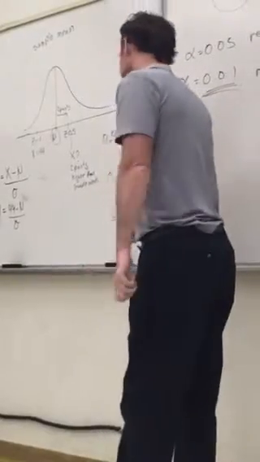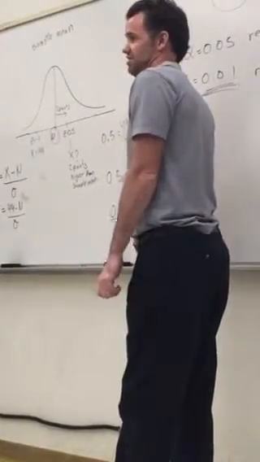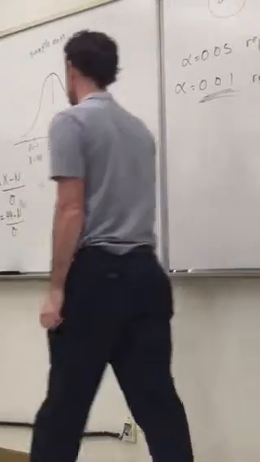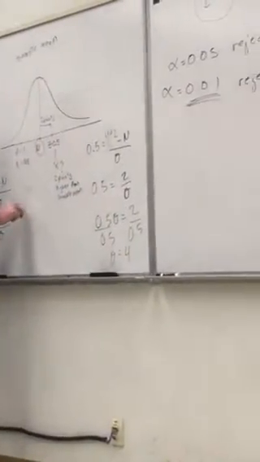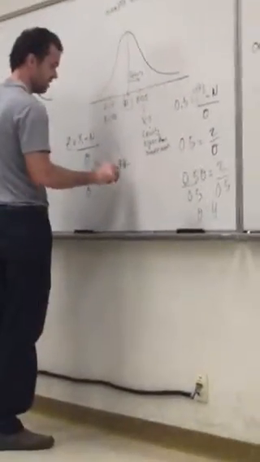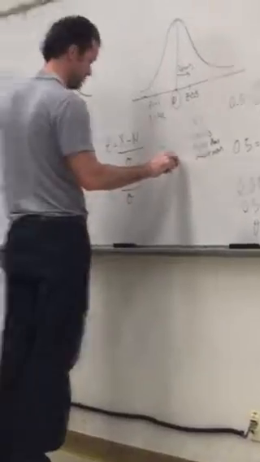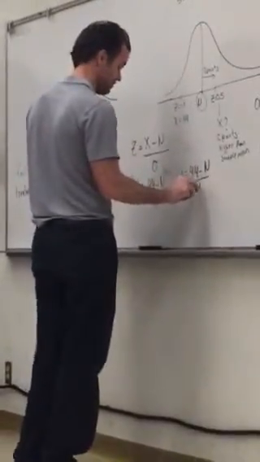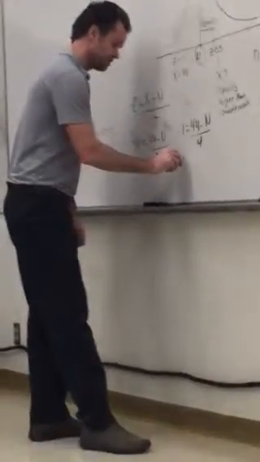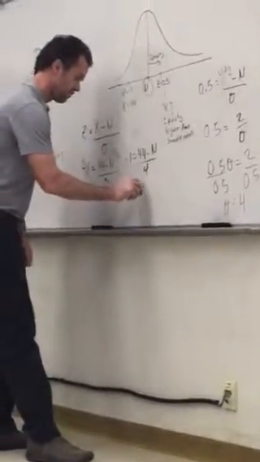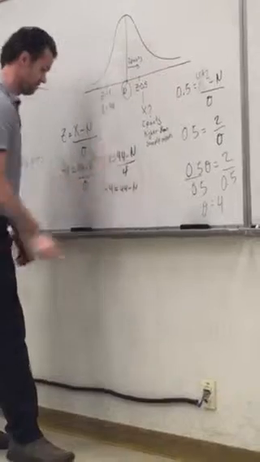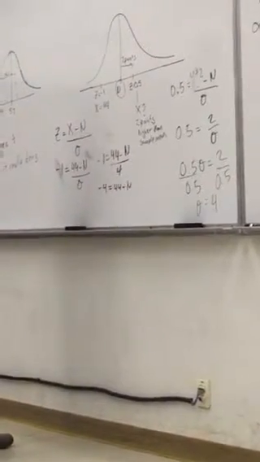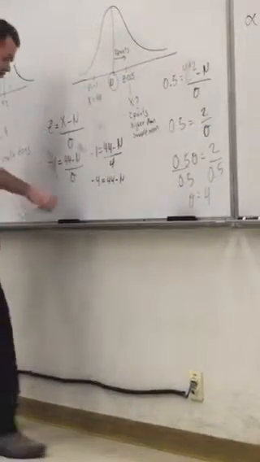All right, this helps because now I can plug it in to that. So -1 equals 44 minus mu over 4. So cross multiply: -4 equals 44 minus mu, and do what here?